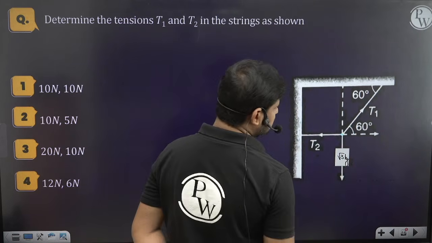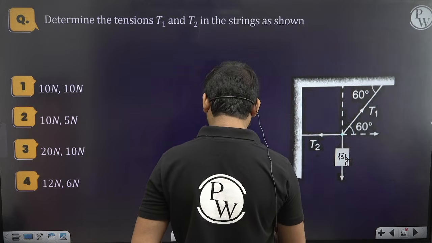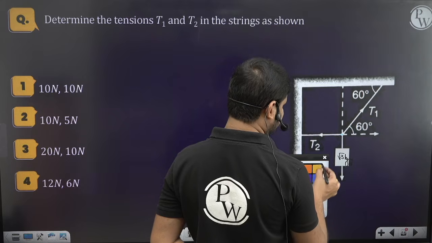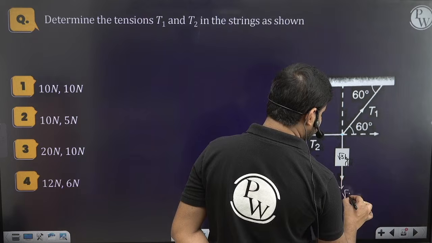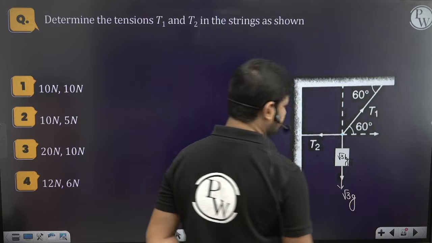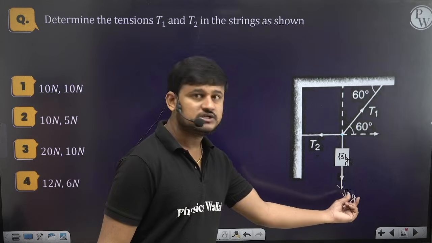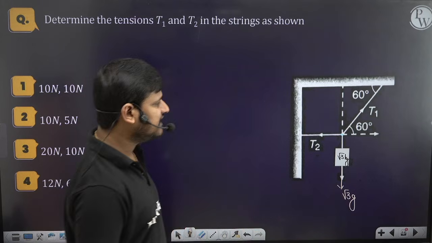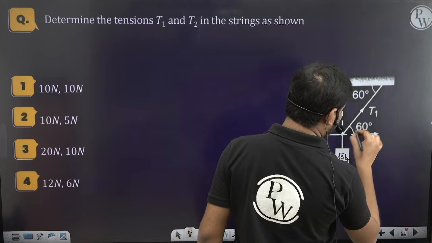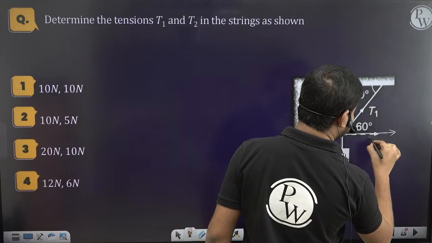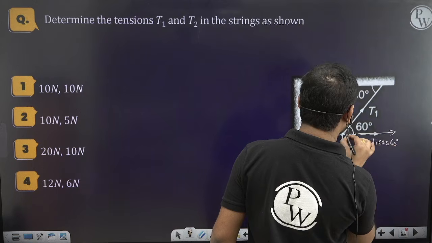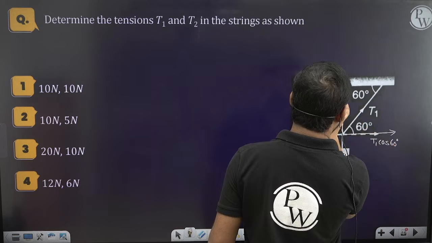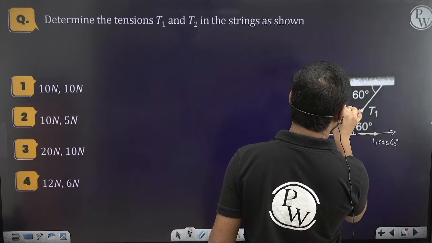Now first I will draw the components of force. What are the components of force? Downside is root 3 times g, its mass into g. This T1 will have 2 components: right side T1 cos 60 degrees, and upside T1 sin 60 degrees.